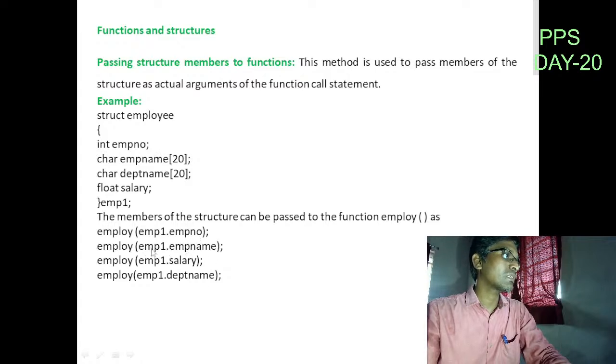Like that we can pass structure members to functions. This is an example of passing structure members, where employee is a function, and inside that function you can pass structure members.